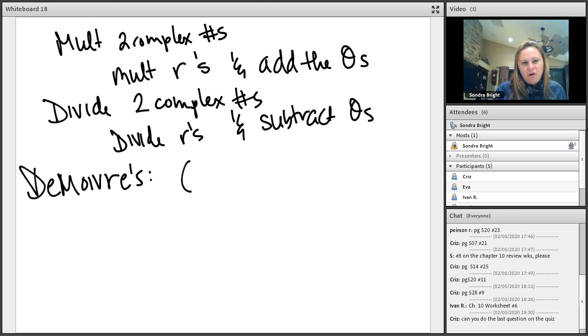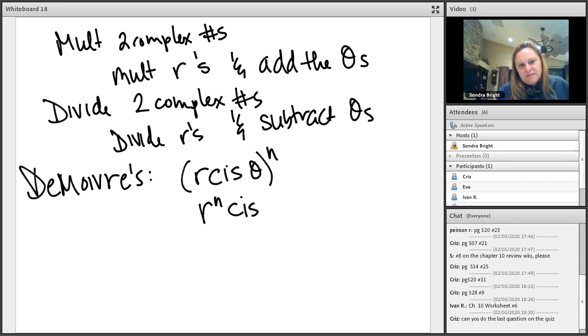If you have r cis theta to the n, then you'll take r and raise it to the power, and then cis n times theta. So you'll take r and raise it to the exponent, and then the exponent times the angle.